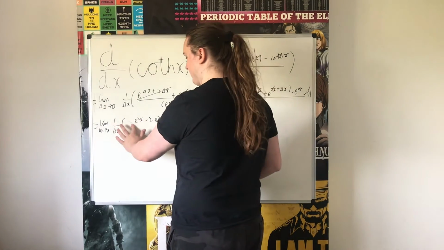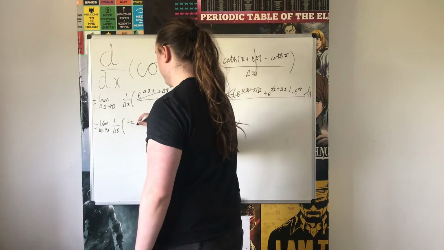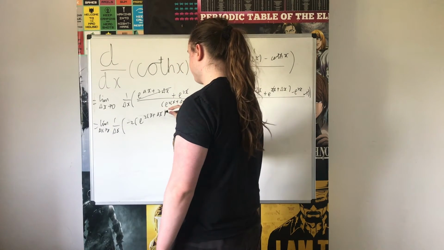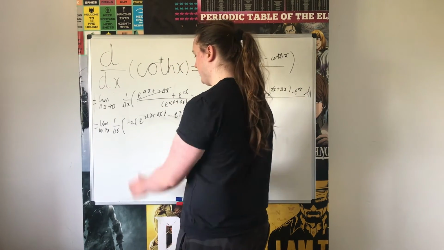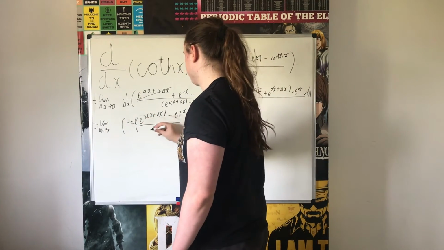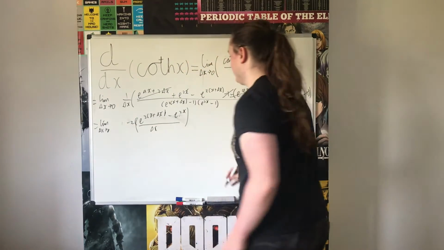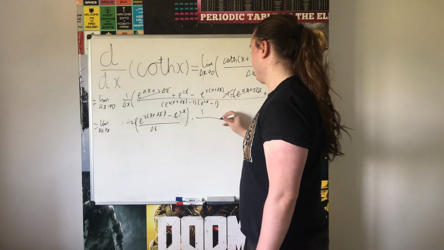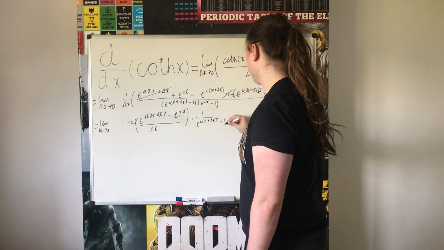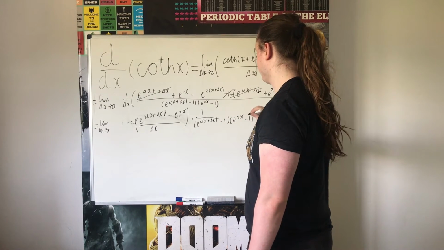And we're actually going to take a minus 2 out of this, which means we flip the order. So we get minus 2 times (e to the 2x plus delta x minus e to the 2x). Now we're going to multiply in our 1 over delta x here. And then we're going to multiply by 1 over (e to the 2x plus delta x minus 1) times (e to the 2x minus 1).